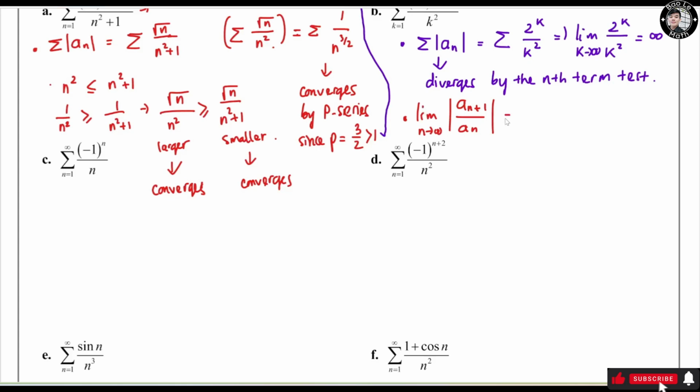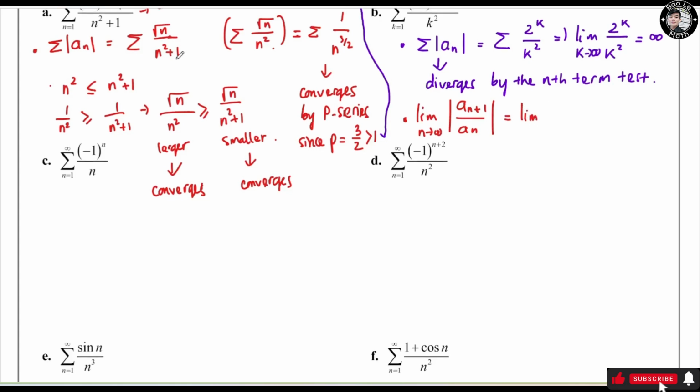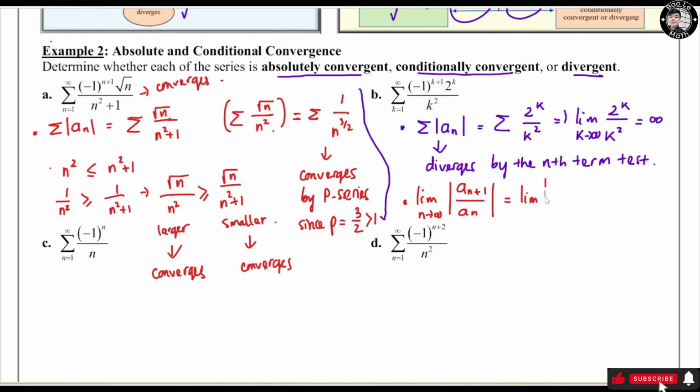It's going to be the limit of a sub n plus 1, so it can be the absolute value of -1 raised to the k plus 2, times 2 to the k plus 1, over k plus 1 squared, times this one's reciprocal, so it can be k squared over -1 raised to the k plus 1 times 2 to the k, when k approaches infinity.